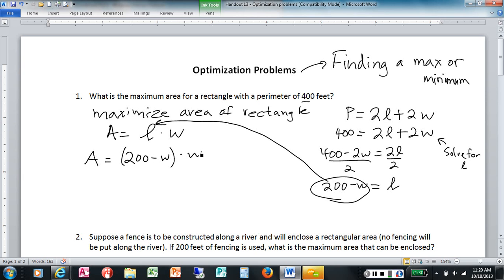Or, put another way, I've got A equals 200W minus W squared. All right. And so what are we looking for? We're looking for the maximum of this area. And generally speaking, when we're finding maximums, or in the case of those that have minimums, the maximum or minimum occurs at a critical number.